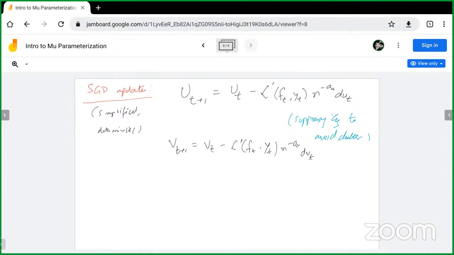And maybe just to be a bit more complete, we can write down the full loss gradient, the gradient of the loss, which is the thing that actually matters.